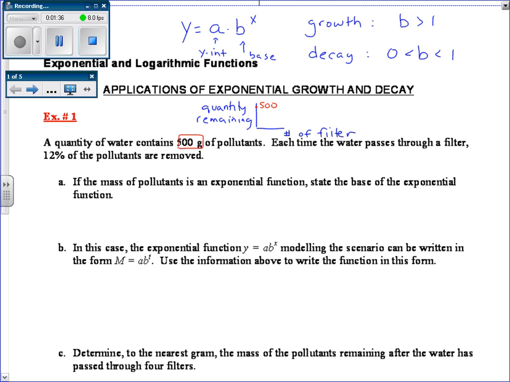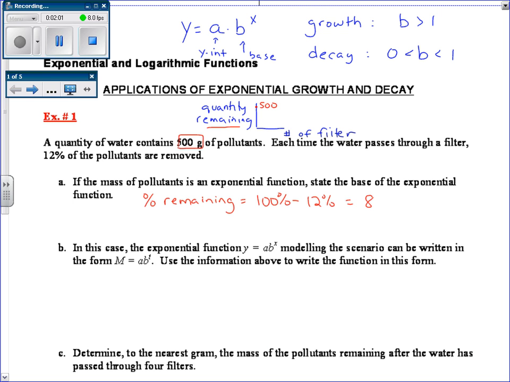Now, if we want to be graphing the quantity remaining, then that base has to be the percentage of pollutants that's remaining after each filter. 12% is a percentage taken out. So to find the percentage remaining, we're going to take 100% and subtract off 12%.